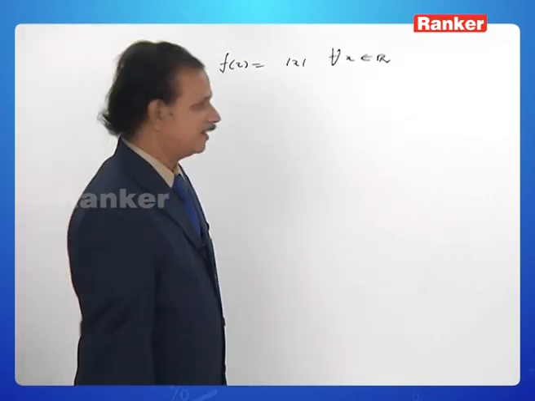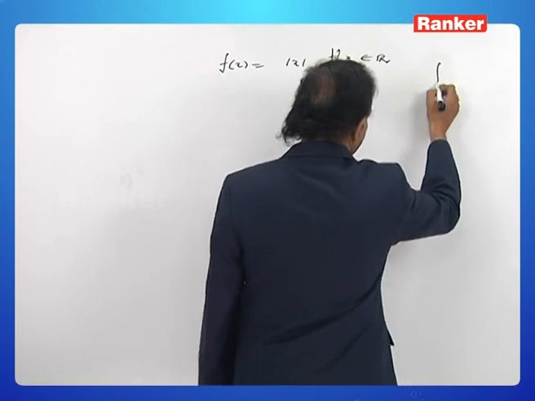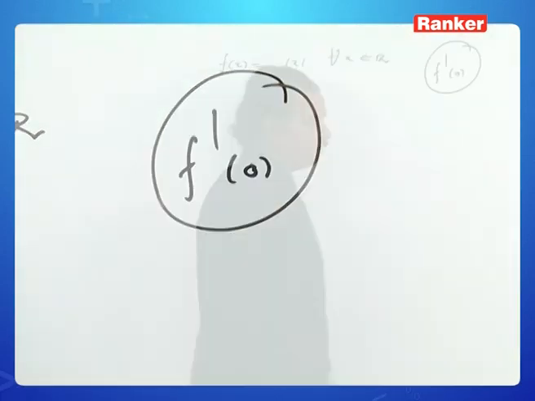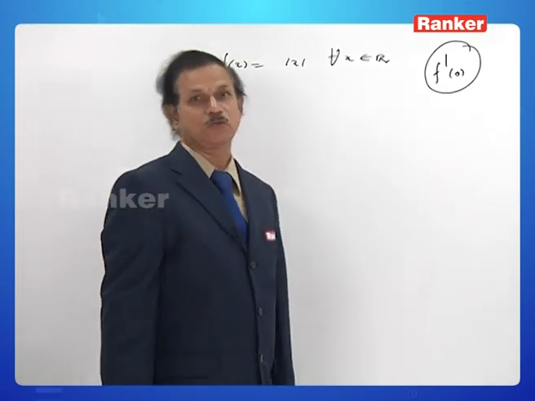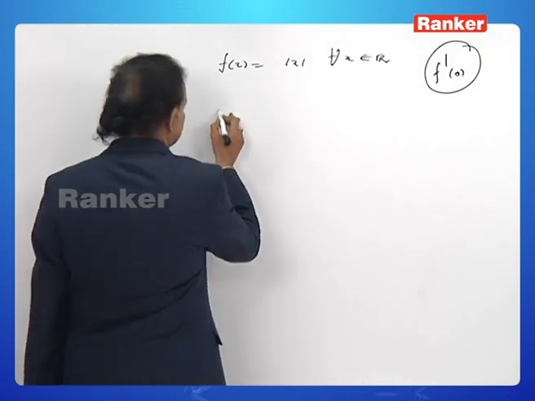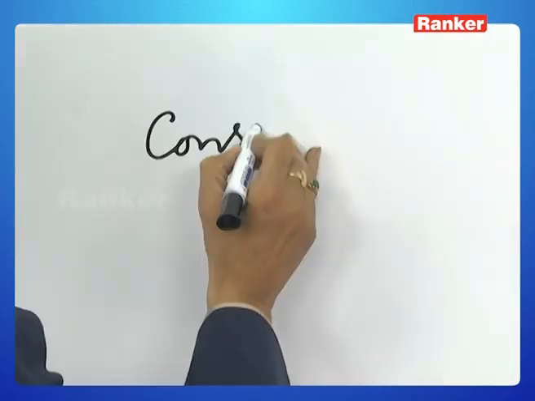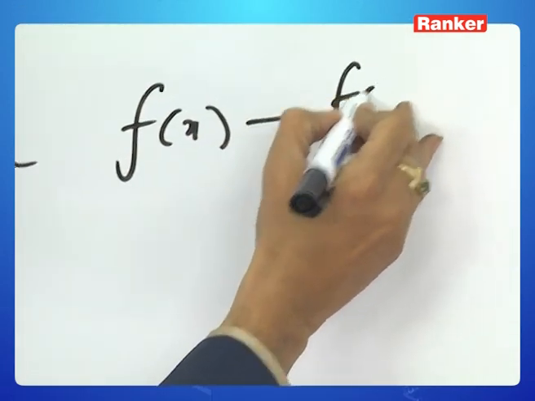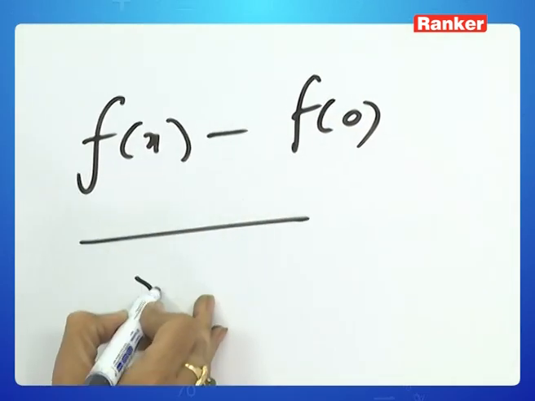I would like to calculate f'(0), whether it exists or not. The responsibility is now on my shoulders to check whether f'(0) exists or not. So consider (f(x) − f(0))/(x − 0).